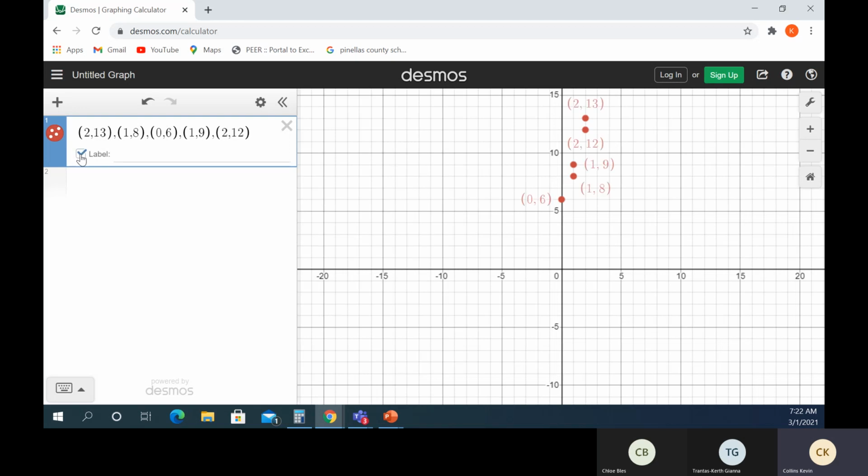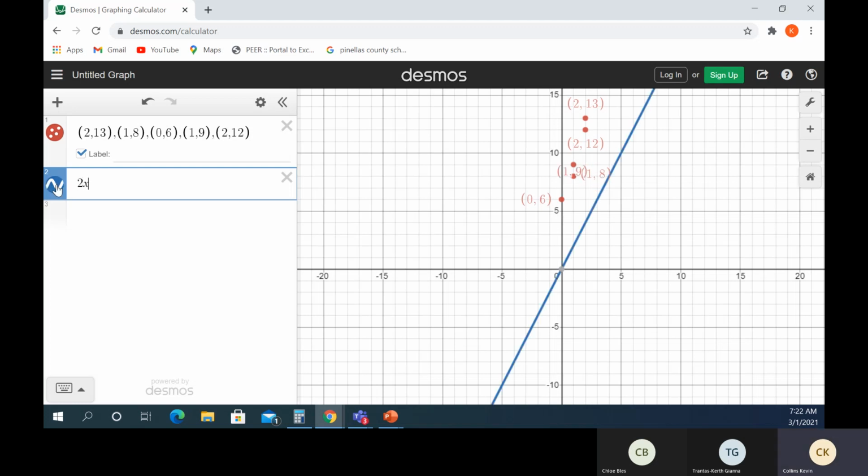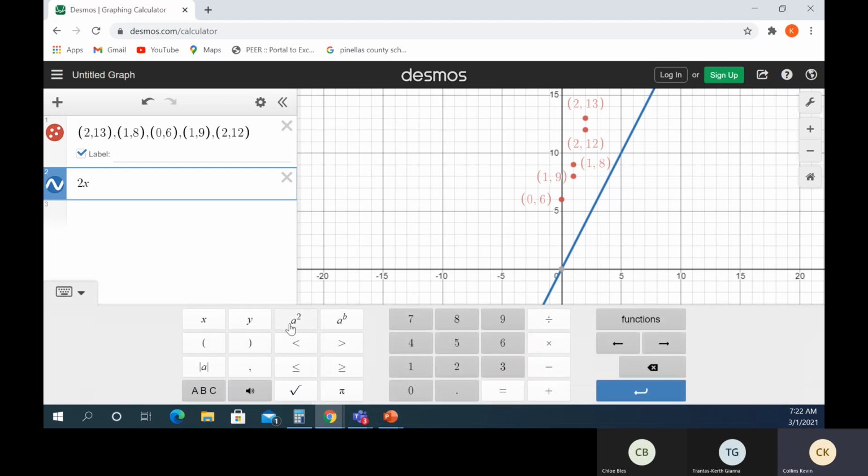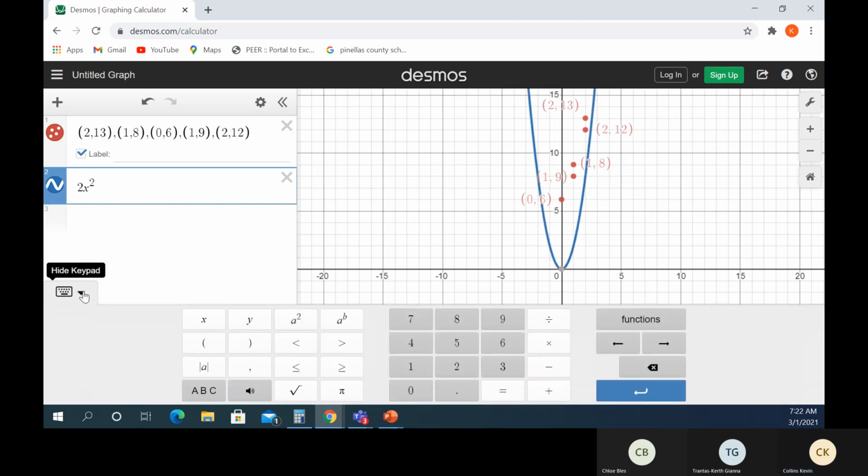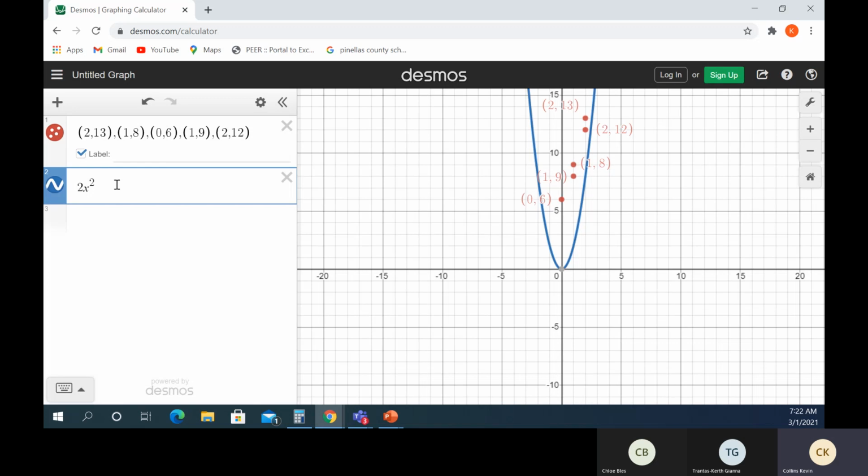Okay, so it kind of looks like it might have a U shape, right? Then the next part is we're going to plot this graph. So we're going to have 2x squared minus x.